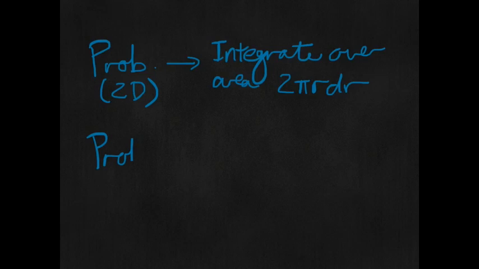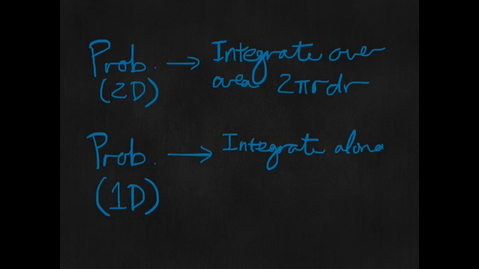But if I have just a probability of a single parameter, I just integrate along a line. And so essentially the differential element is just dr. So the likelihood function in say 2D is weighted by r. So the parts of the likelihood far away from the origin, all other things being equal, are given a little more weight.